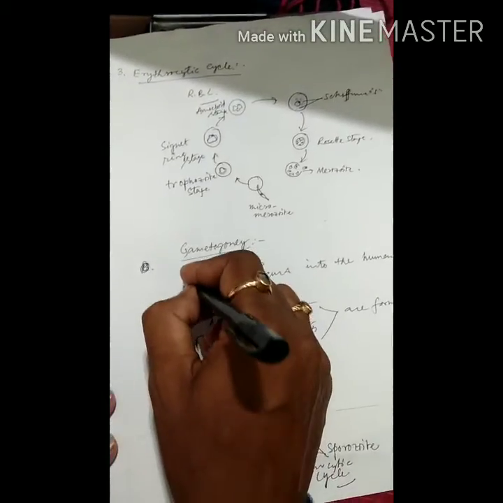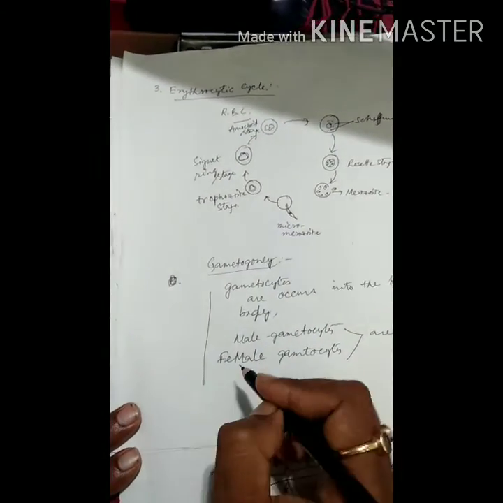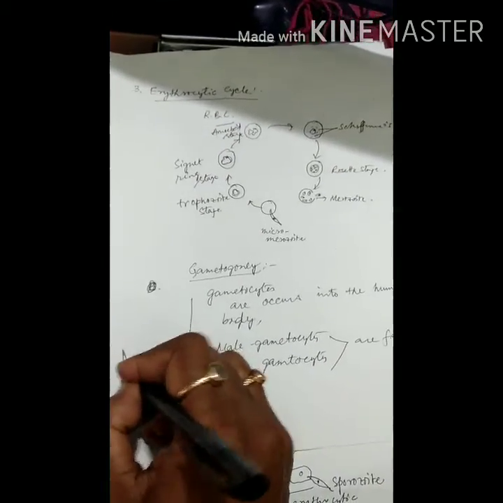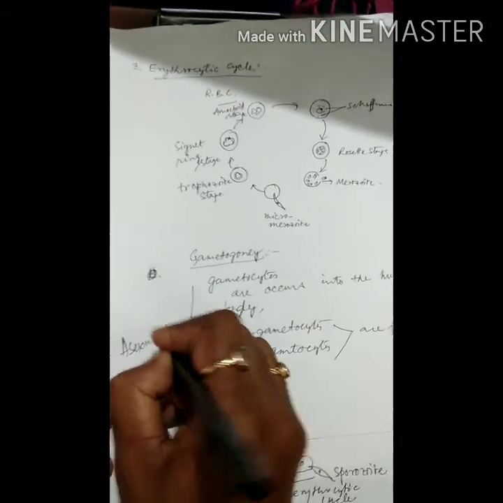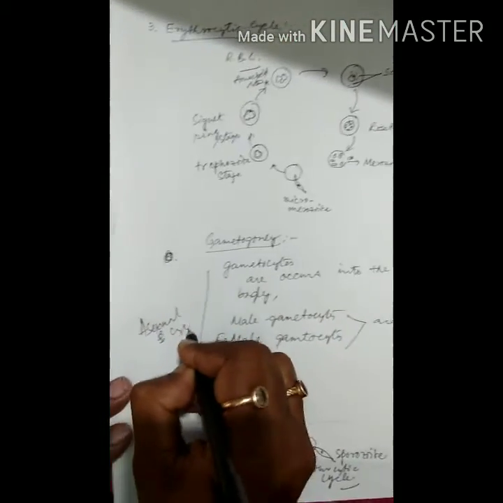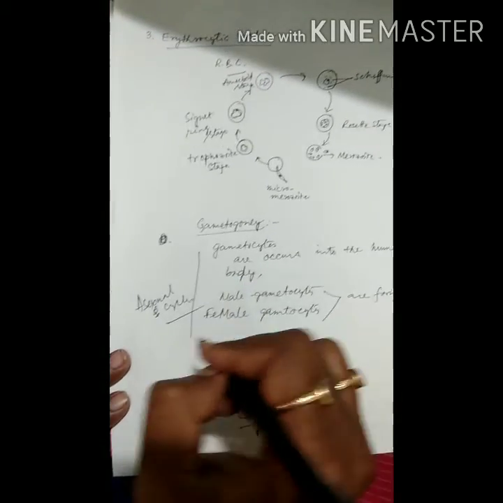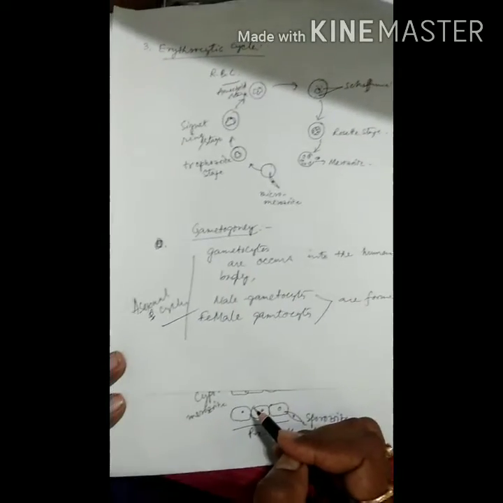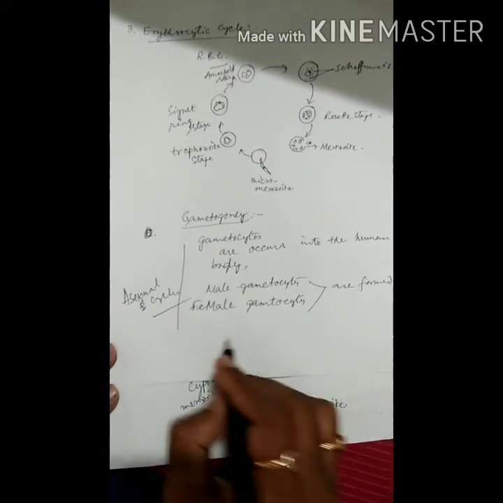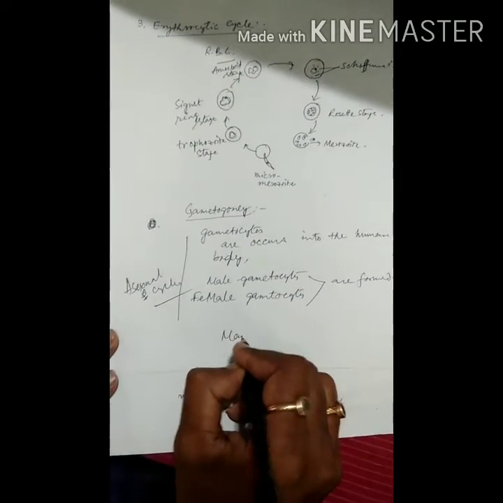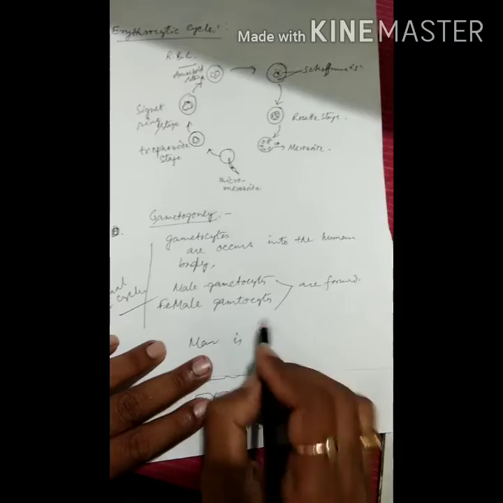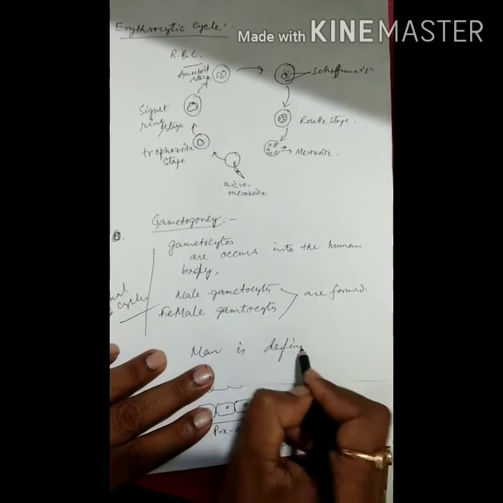So the erythrocytic cycle in man is part of the asexual cycle, but gametogony, the sexual cycle, starts from here. For this reason, man is a definitive host.